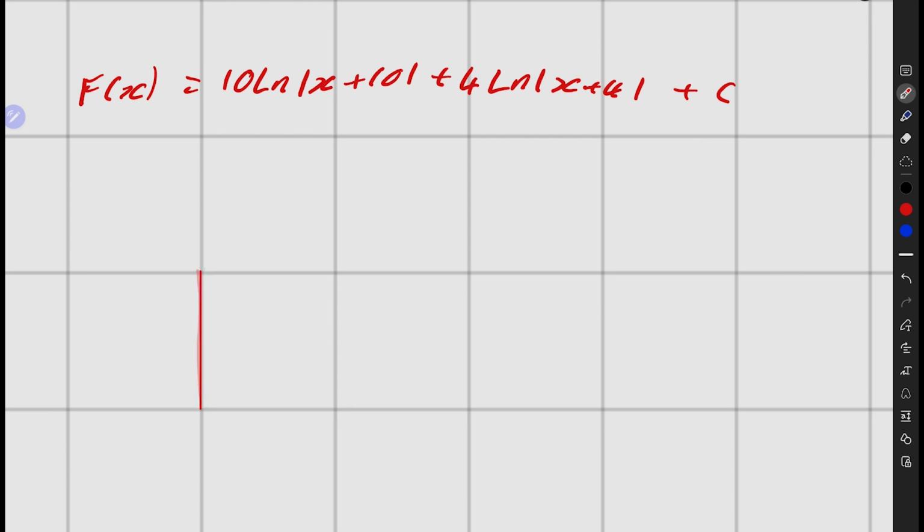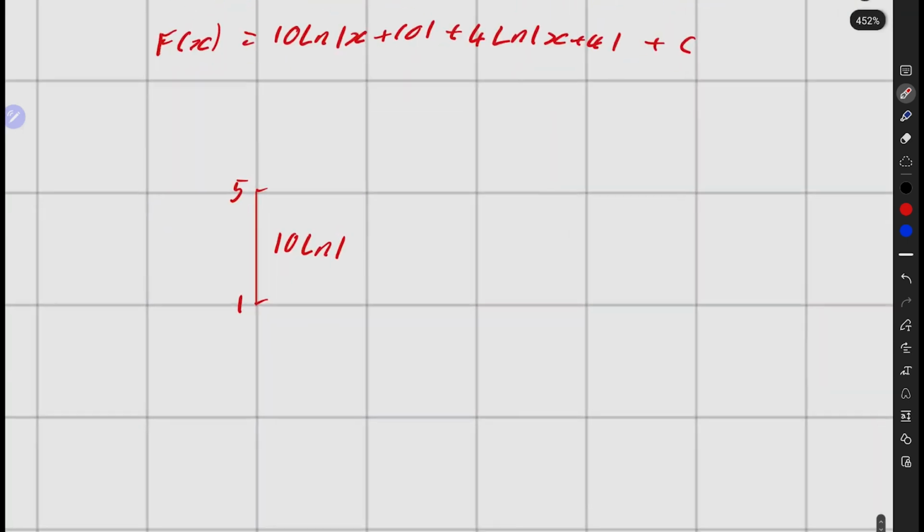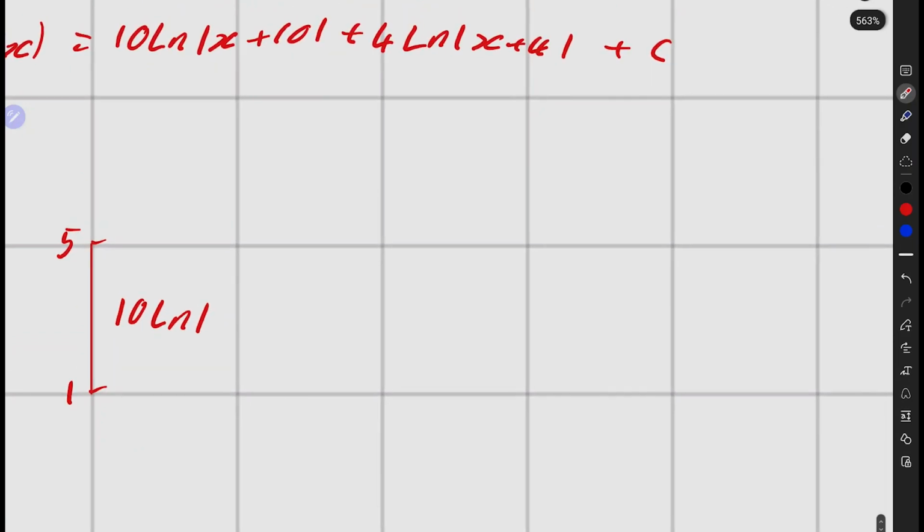So remember, when working with definite integrals, you have your first integral, same equation. You have your higher x value in there, substitute it in, and then you take away the lower x value in the same equation. So that's going to be 10 ln, and we were doing this with 5 and 1. 10 times natural log of 5 plus 10, plus 4 natural log of 5 plus 4.